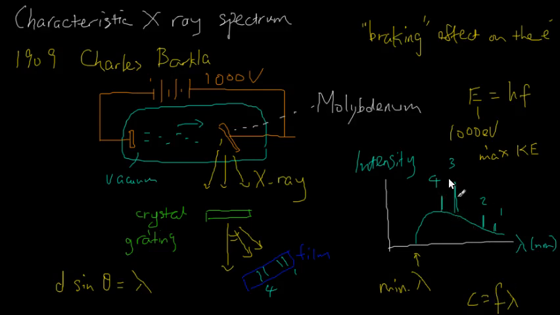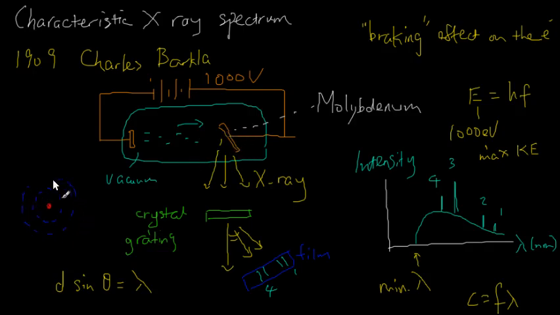Now about the sharp peaks. Qualitatively, the sharp peaks are due to transitions between the different shells in the atoms of this metal plate.